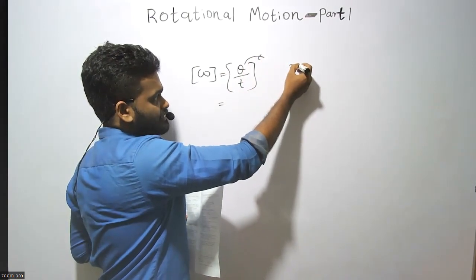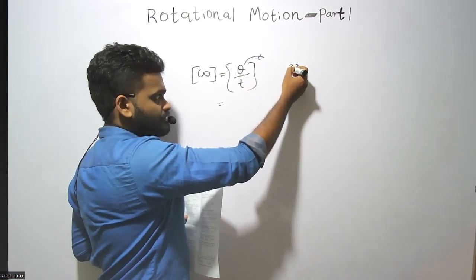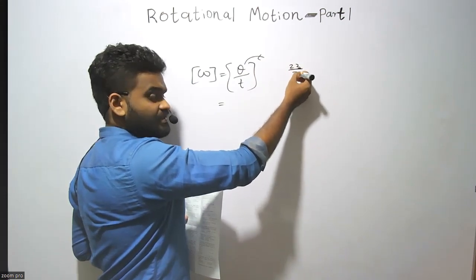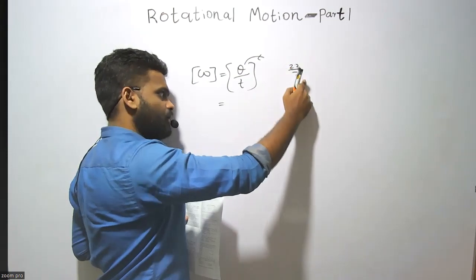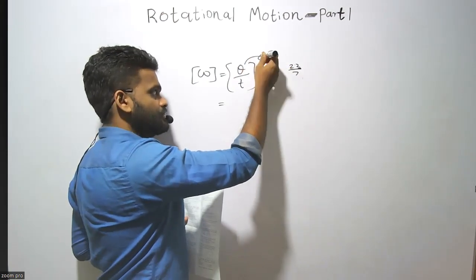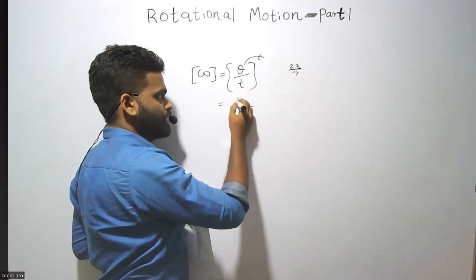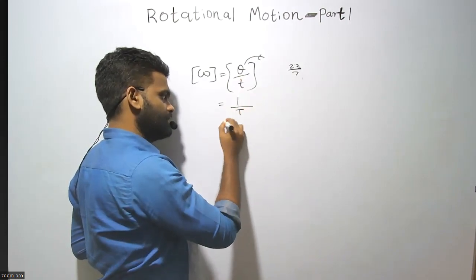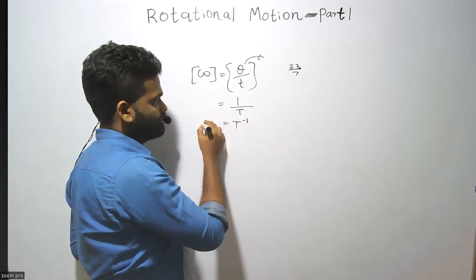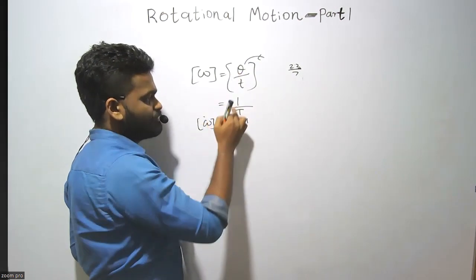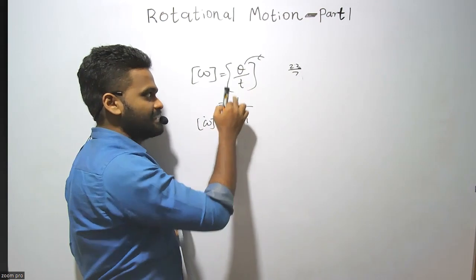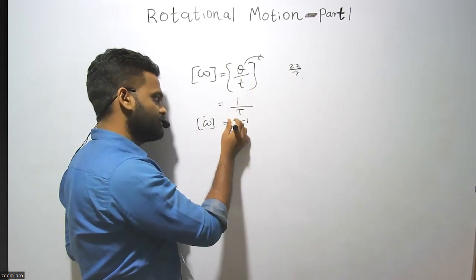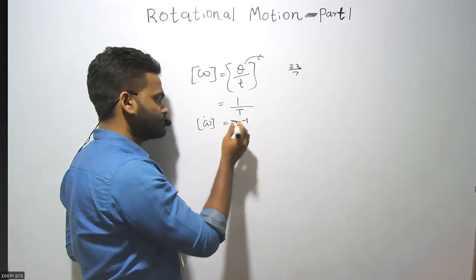It doesn't have any dimensions. So you can put 1 there. Then t is time, so capital T, so this is T to the power minus 1. It is not a length. It is an angle, which doesn't have dimensions.